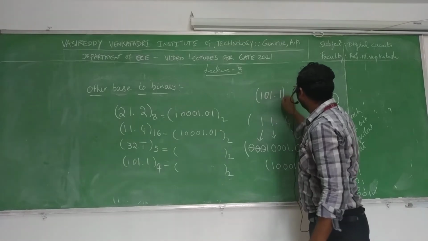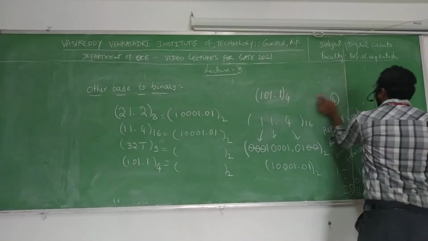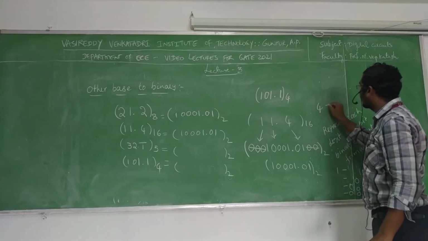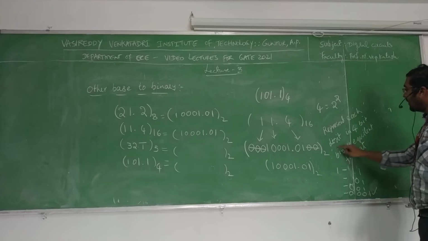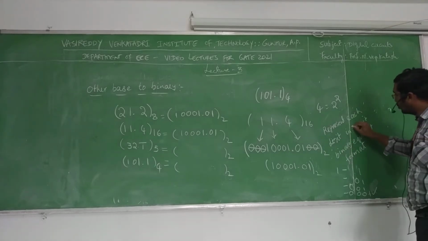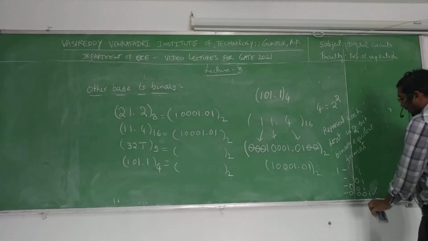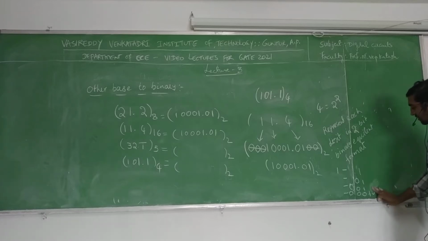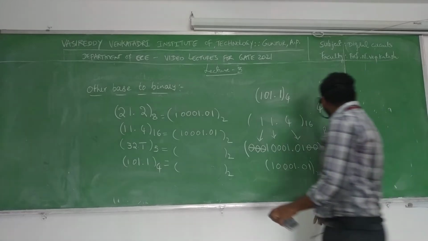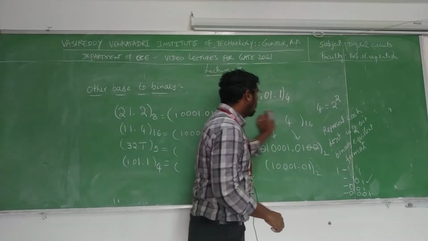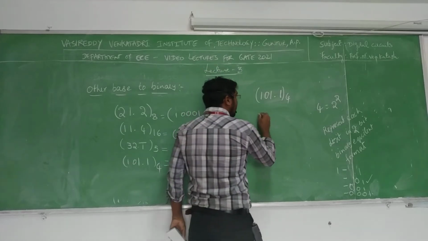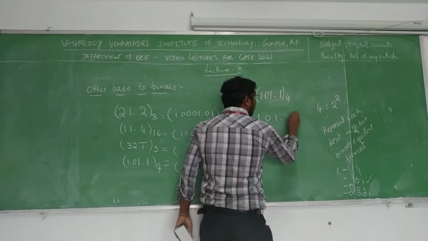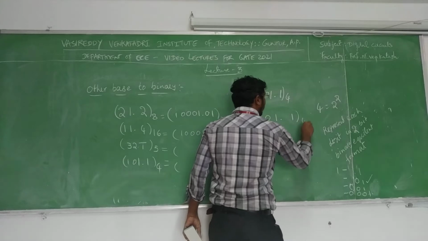101.1 in base 4. Okay. Now here 4 is what? 2 square. So as 4 is 2 square, represent each digit in how many bits? 2 bits, binary equivalent format. Therefore, among these 4 representations, which one do I consider? The one which is 0 1. So by using that help, we'll solve this problem now. It's 101.1 and it's base 4.